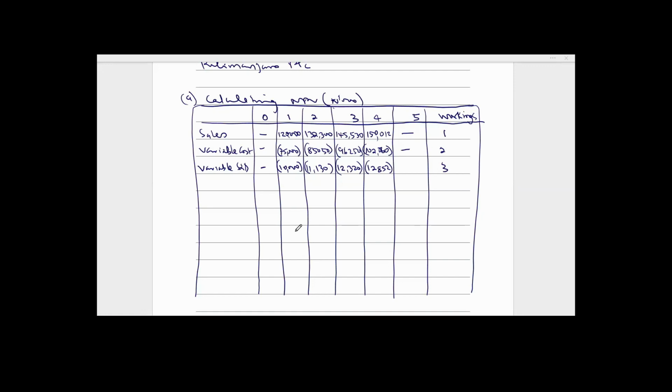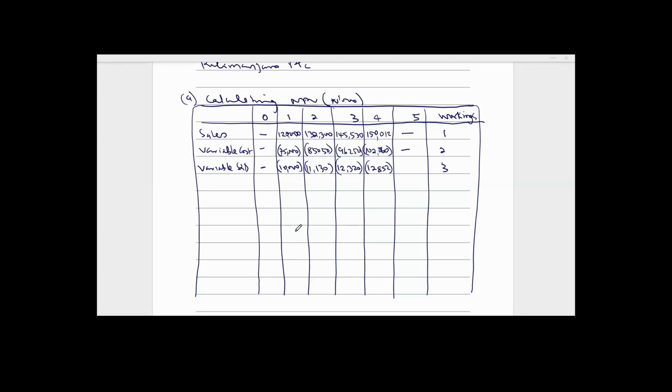So the examiner has told you fixed overhead cost, excluding depreciation. It means that the fixed production costs and fixed admin costs given to you are all relevant.